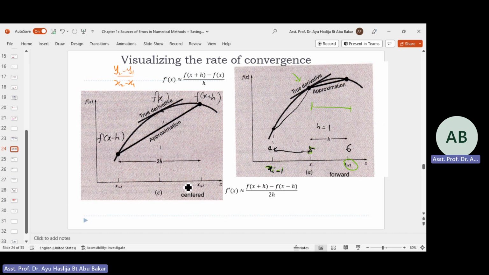Why 2h over here, not h? Correct, one forward, one backward, so that's why 2h. You need to understand the terms first: forward, backward, and centered. Any questions so far? Clear?